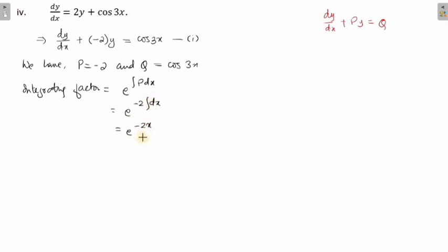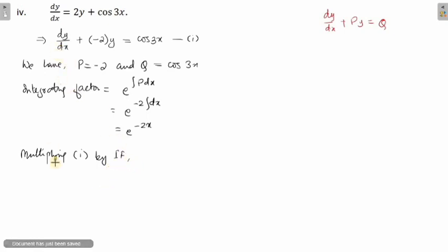So my integrating factor is e to the power minus 2x. Now the next step is to multiply equation 1 by the integrating factor, where IF stands for integrating factor.